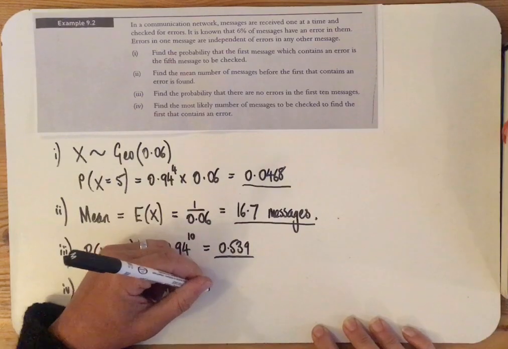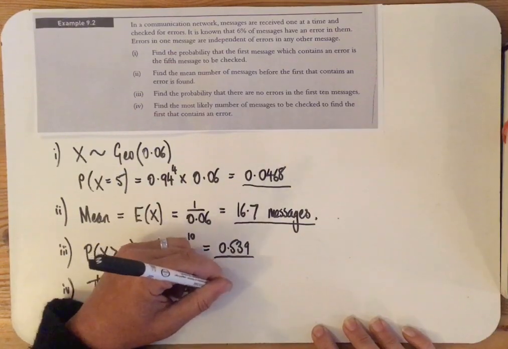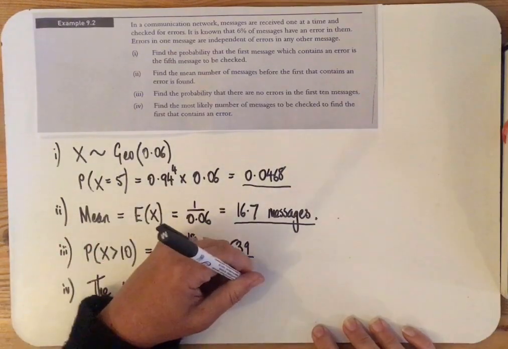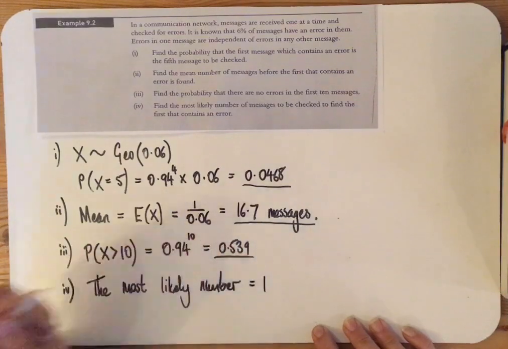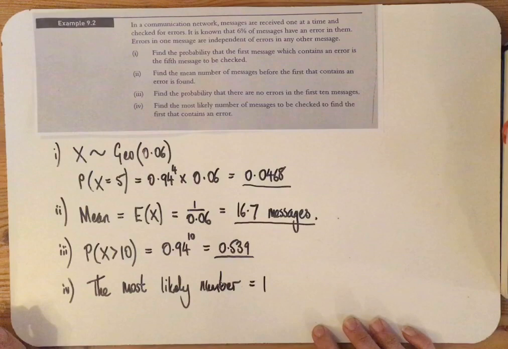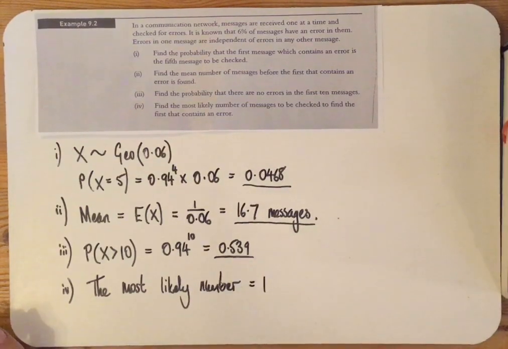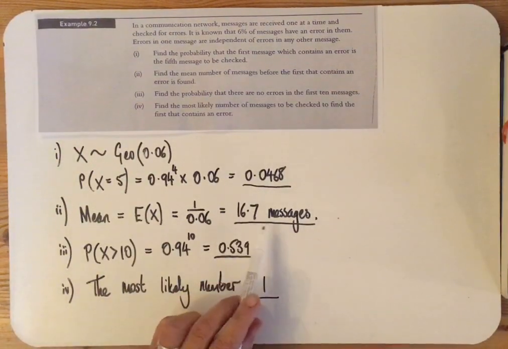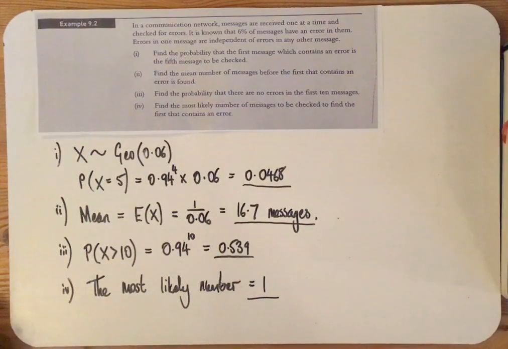So it's an individual probability. That is the one with the highest probability. It doesn't mean that the sum of the rest is going to be smaller than that, but the most likely number is always 1, but the expected number is 16.7.